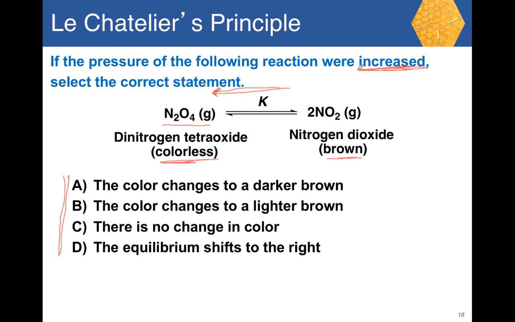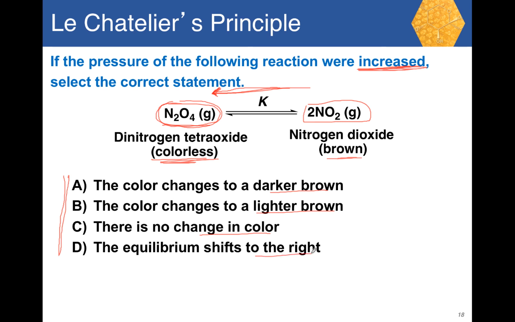So once again, increasing the pressure causes the reaction to shift towards fewer molecules. We have 2 molecules of product and only 1 molecule of reactant, so it should shift in this direction. This reactant molecule is colorless, so would you expect it to be darker in color, lighter in color, no change in color, and the equilibrium shifts to the right?